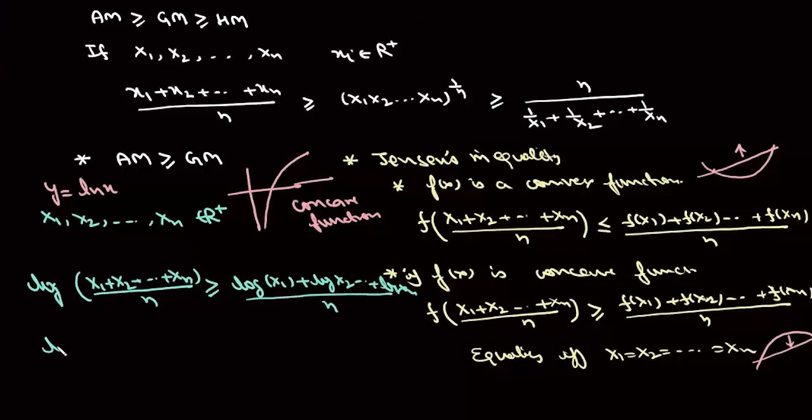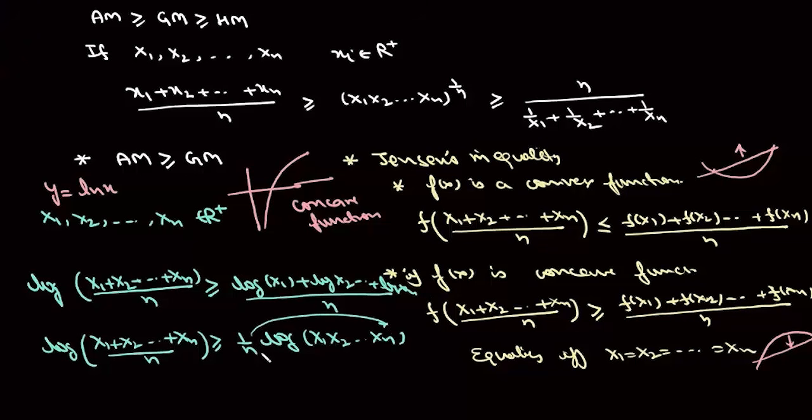Now this is log((x1 plus x2 plus xn) by n) and will be greater than or equal to, now this is 1 by n log(x1 x2 xn). Now this 1 by n will go to the power and log will cancel.